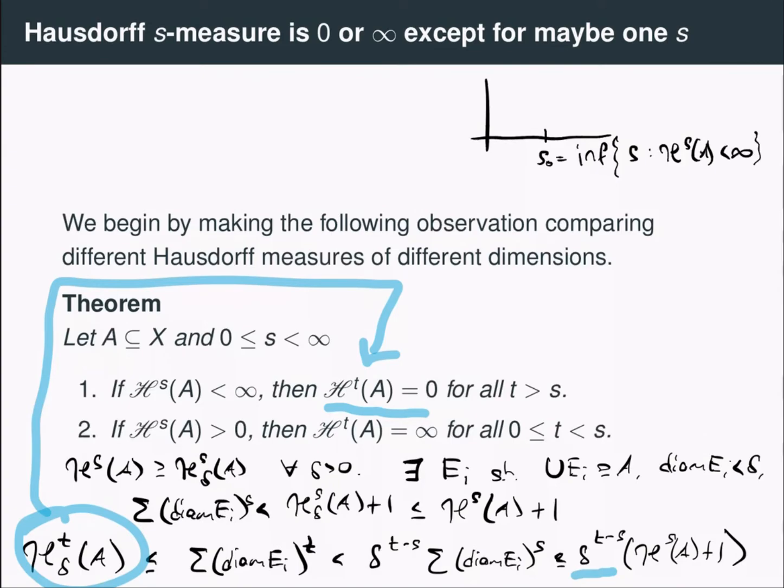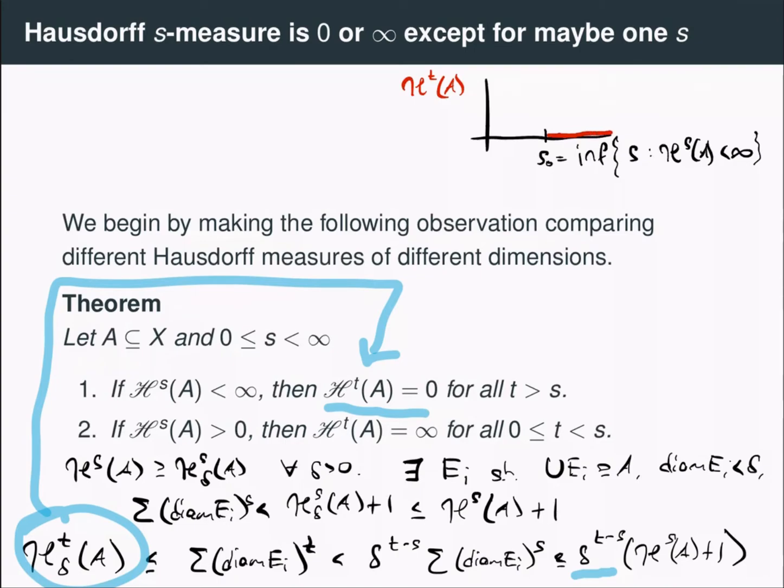By item 1, for all T values bigger than S naught, so if we're looking at the graph of the T measure of A, for all values T bigger than this number S naught, the Hausdorff measure of A is going to be 0.